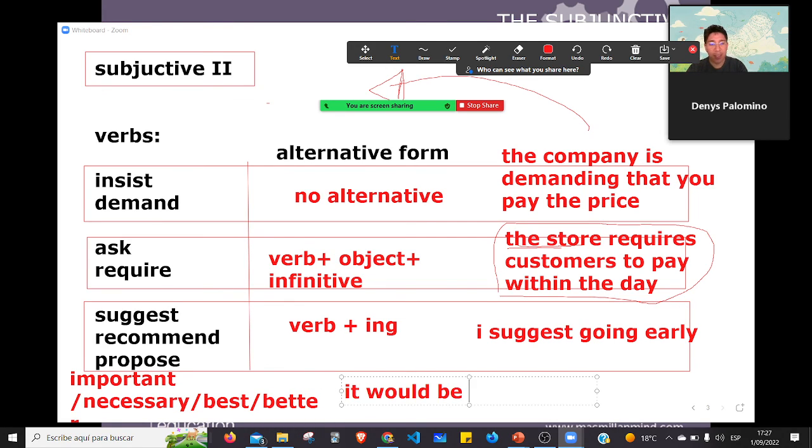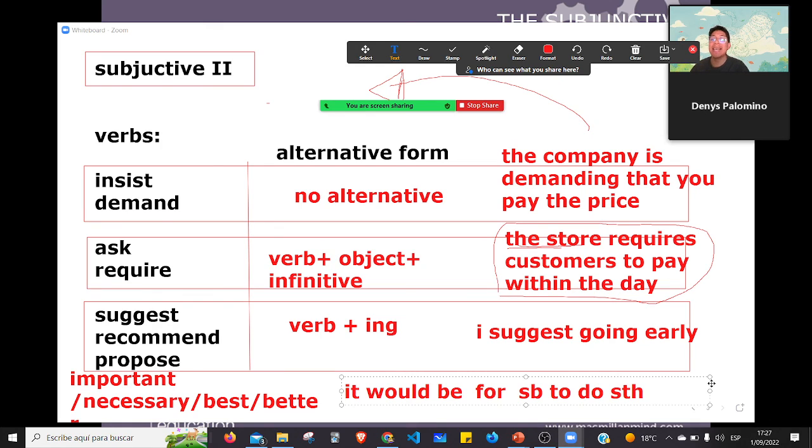It would be for everybody. Por ejemplo, it would be necessary for you to practice your English, for somebody to do something. It would be necessary for people to learn English. Es una sugerencia o no?